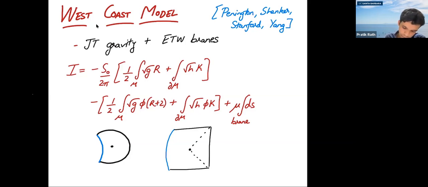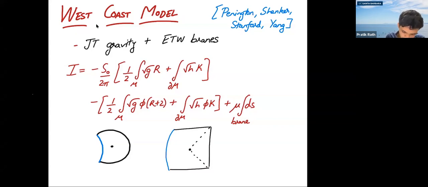The model is pretty simple. The action is given by Jackiw-Teitelboim gravity, which has essentially two fields, the metric and the dilaton, and it's coupled to these end of the world branes, which have some mass mu, which we'll take to be large. Similarly, we also take S0, which is the coefficient of this topological term, to be large. And this model gives you solutions of the following form.